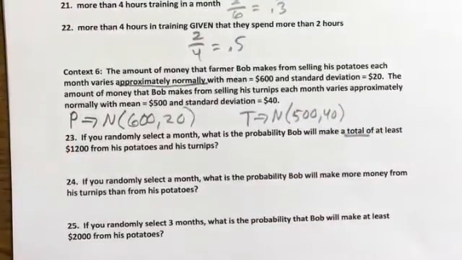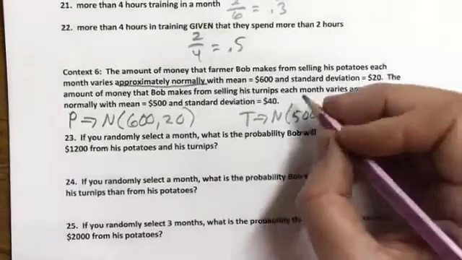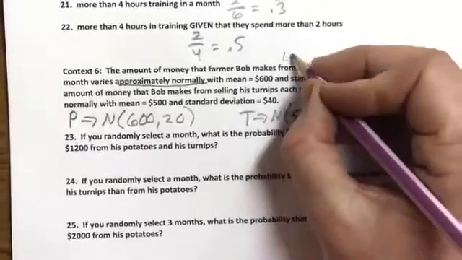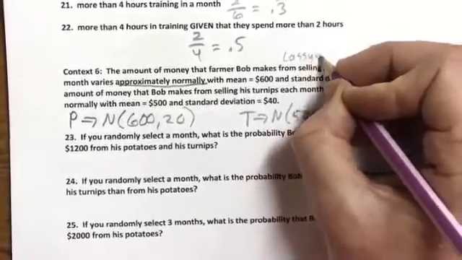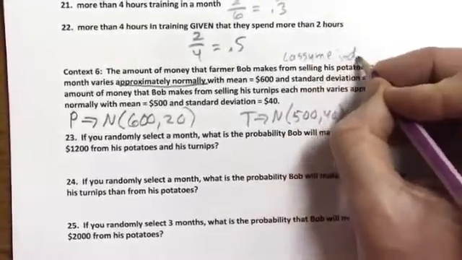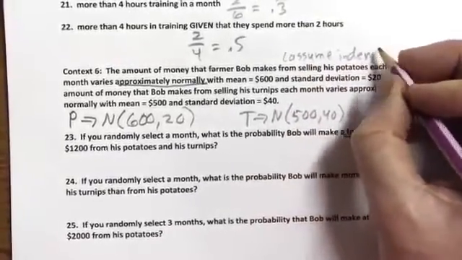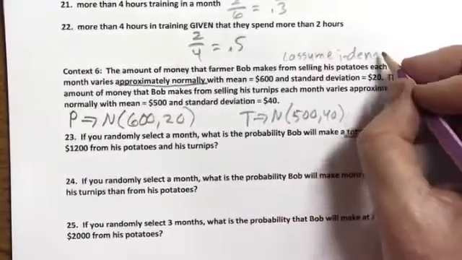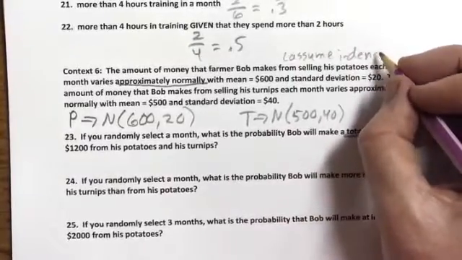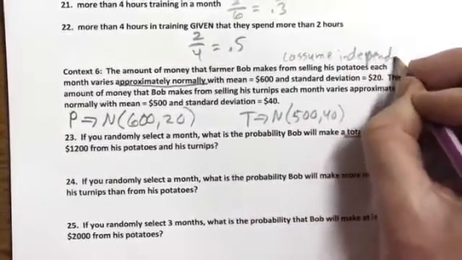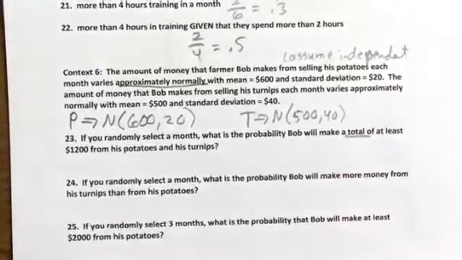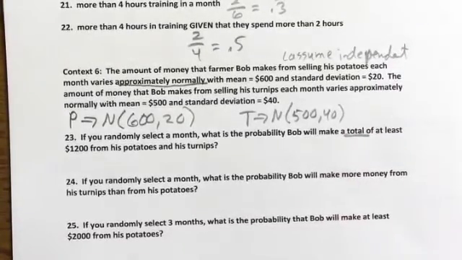And by the way, one of the things I left off was the fact that we've got to assume that these things are independent in order to do these problems. Otherwise, we can't combine their standard deviations. So assume they're independent.